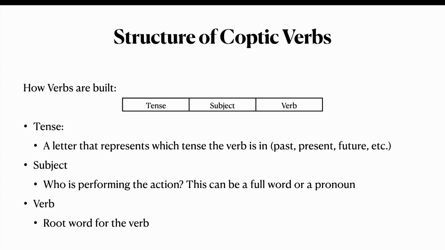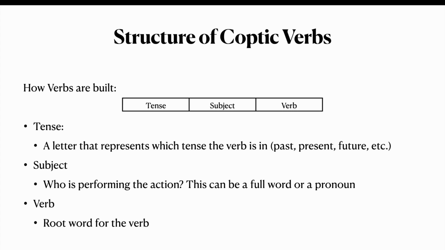Sometimes they drop the letter for that, but for most tenses, there's going to be a letter in the very beginning that's telling you what tense the verb is taking place in, right? And tense is representing basically when or under what circumstance the verb is happening. So, is it past, present, future, conditional, subjective, stuff like that.